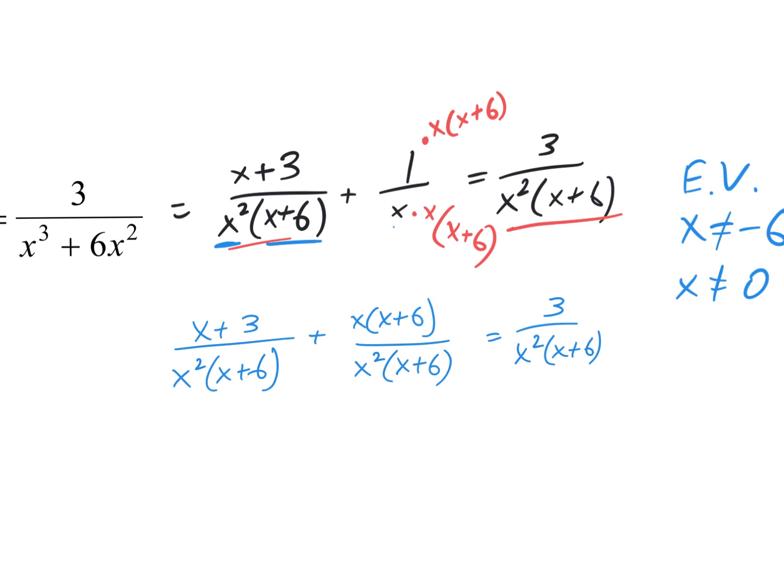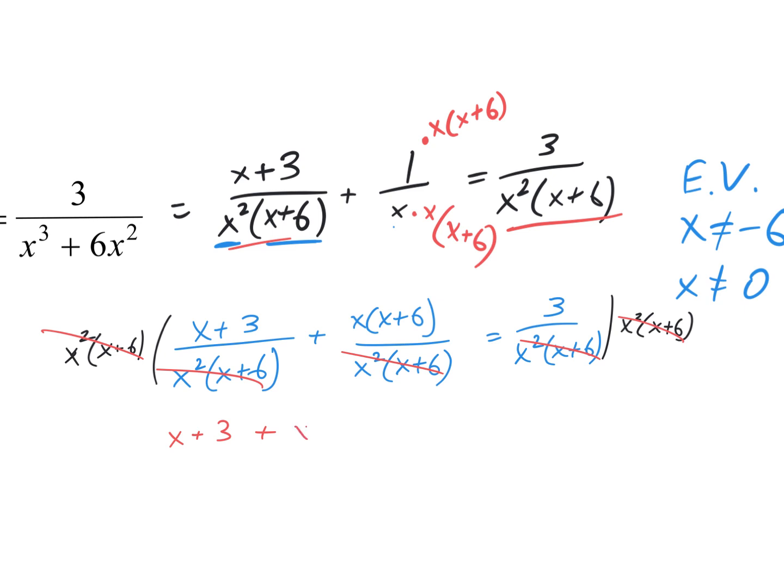To this statement as a whole, I'm just going to multiply x squared times x plus 6. Now note, this is to both sides. All this is going to do is cancel all of my denominators out. And now that we've done this, we have something that's much more manageable.